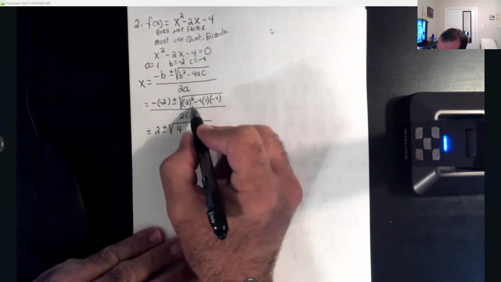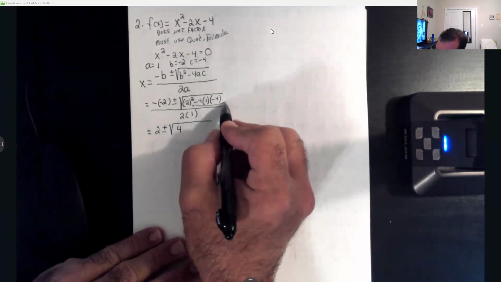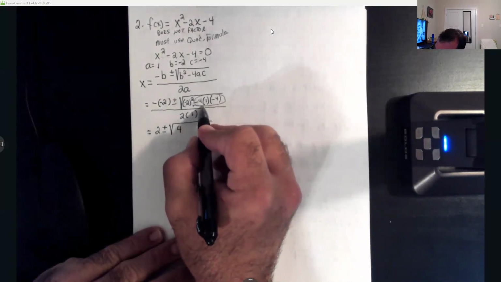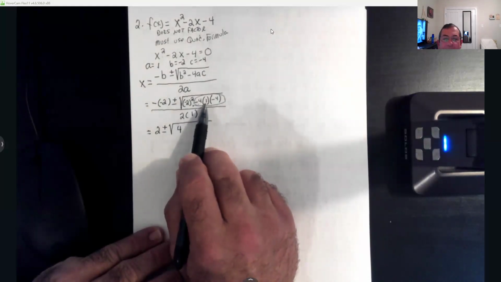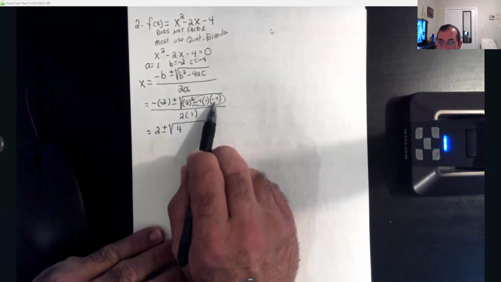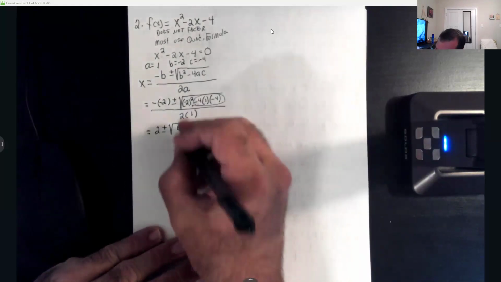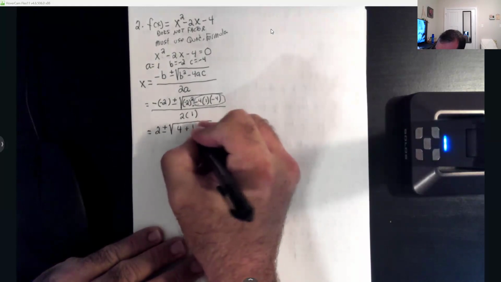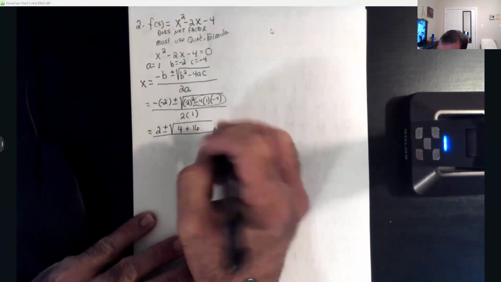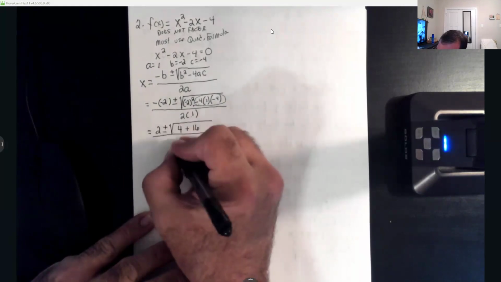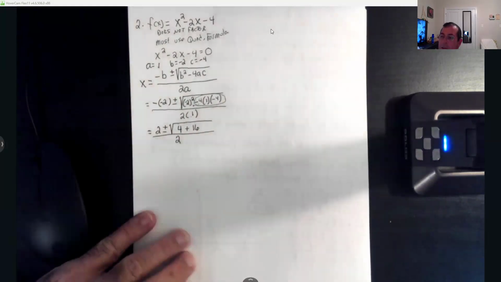And y'all, everything on this right side is getting multiplied. So you got negative 4 times 1, which is negative 4, times negative 4, which makes that a positive 16. And y'all, all of that is over 2 times 1, which is 2.